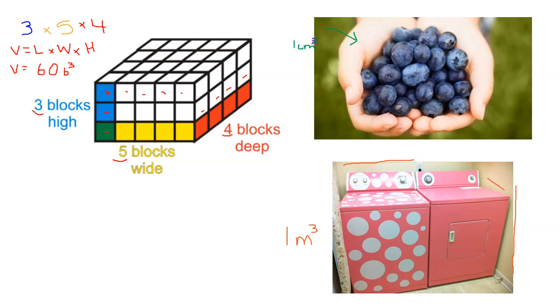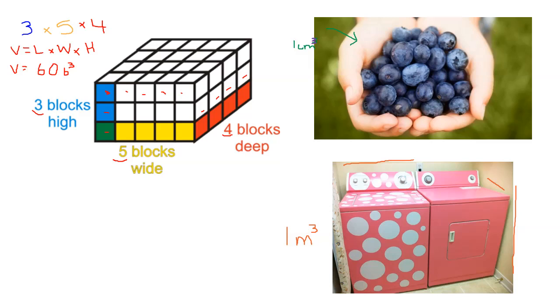Okay, roughly. So the polka dotted wash machine is about 1 cubic meter. So you can look at things in your life and think, how many wash machines big is that? Because you know a wash machine is roughly 1 cubic meter, so maybe the box of your truck would fit 5 wash machines. So you could say the box of my truck is about 5 cubic meters.